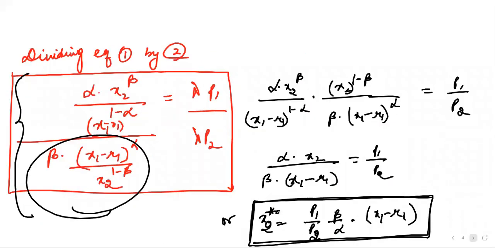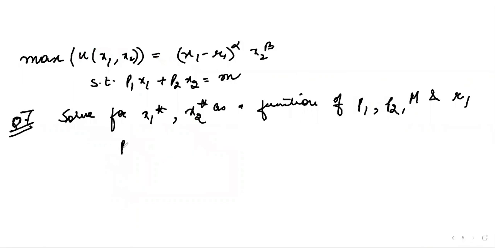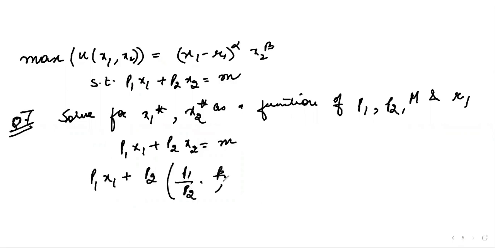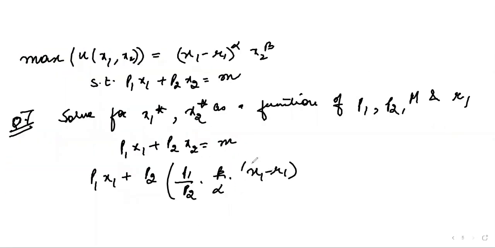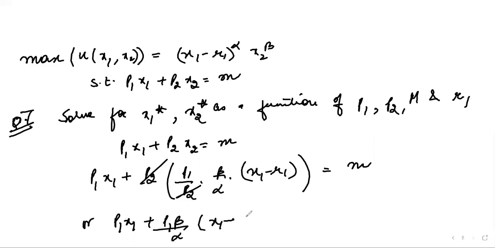Okay, so if you substitute it, what do you get? You have p1 x1 plus p2 x2 is equal to m. Instead of x2, I will write down what I just derived, is equal to m. So my p2 and p2 get cancelled out. p1 x1 plus p1 beta by alpha (x1 minus r1) is equal to m.